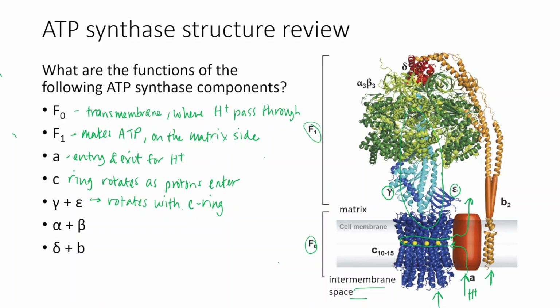And then what's going on with these other subunits? Now that we have this rotational movement, how are we turning that into ATP? Is it the alpha part or the beta part that is actually doing this catalysis?